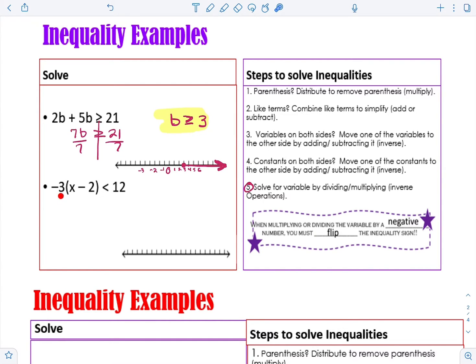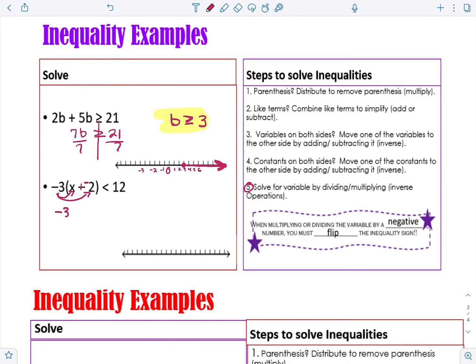We have -3 times x minus 2 is less than 12. First question, is there parentheses? The answer is yes. So therefore, we're going to need to distribute to remove the parentheses. And distributing is just multiplying. -3 times x, -3 times, and I always say -2, but realize that means plus negative, which is why it's -3 times -2.